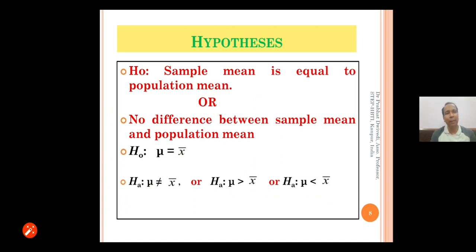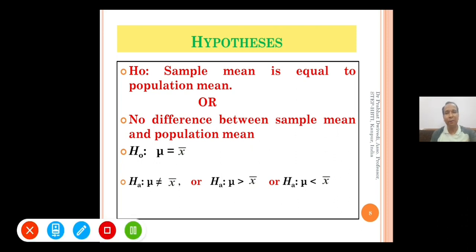Now let's see how the hypothesis can be formulated. Like in the one-sample z-test, we formulate the hypothesis that there is no difference between the sample mean and the population mean, learners. In other terms, the sample mean is equal to the population mean.